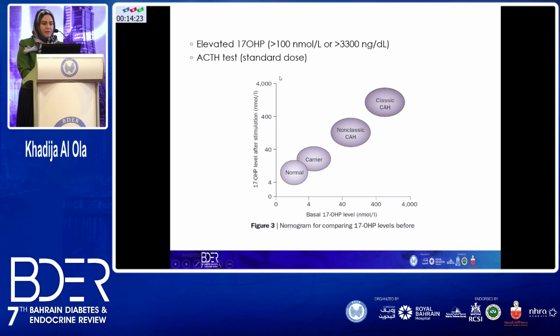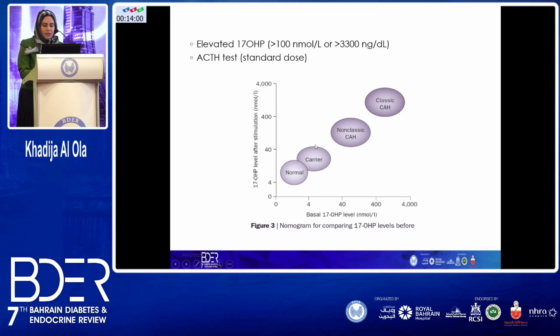And the level usually, if it is above 100 nanomole or more than 3,300 nanogram per deciliter, is diagnostic. There is a level lower than that because we have different types, like the classic and the non-classic. It can be normal or a level in between, also in a carrier.